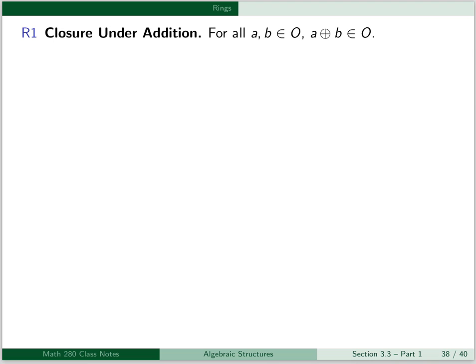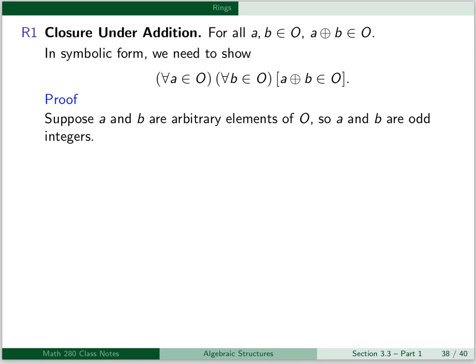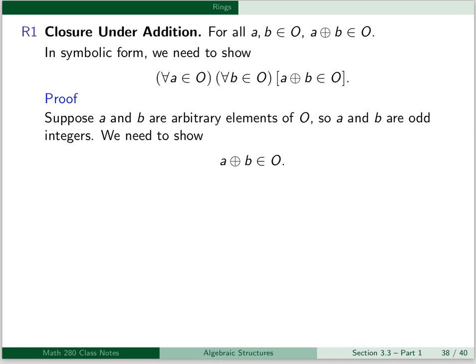R1, closure under addition, says, for all a, b in O, a circle plus b is in O. In symbolic form, we need to show, for all a in O, for all b in O, a circle plus b is in O. So we'll use a proof by arbitrary element. We'll start by supposing a and b are arbitrary elements of O, which means that a and b are odd integers. And we need to show that a circle plus b is in O. That is, we need to show that a circle plus b is an odd integer.